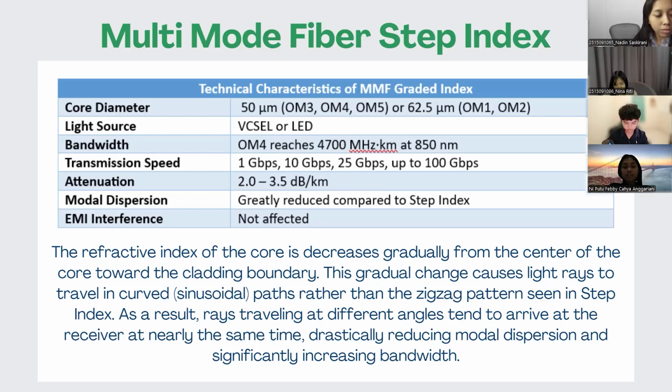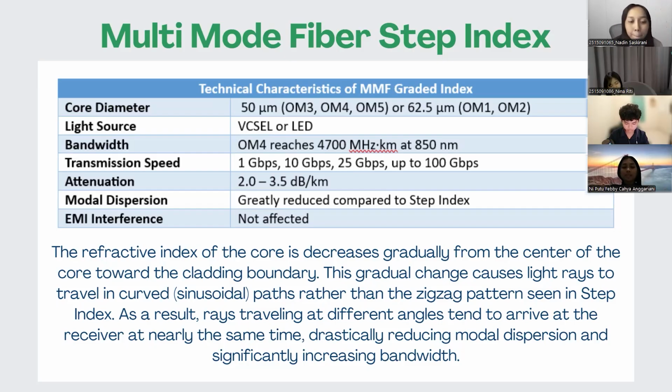Its bandwidth is significantly higher. For OM4, for example, it reaches 4700 MHz per kilometer at 850 nanometers, with transmission speeds ranging from 1 Gbps all the way up to 100 Gbps.